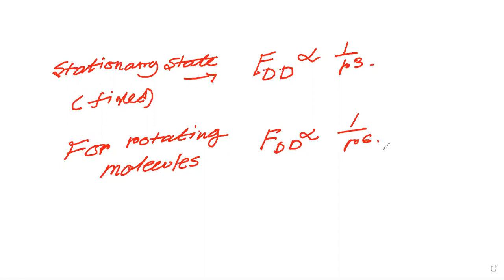That is, the dipole-dipole interaction is much weaker for the gaseous or the liquid state, where the molecules have a chance of rotation. But in the solid state, this dipole-dipole attraction is much higher.